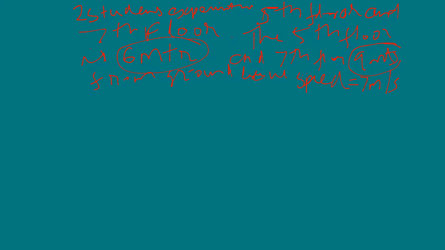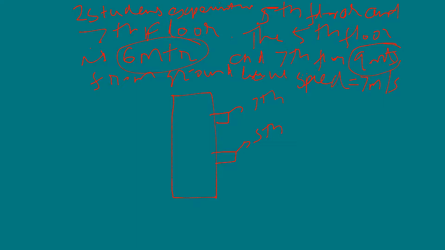Now we know this distance and speed, so we can solve this question. We will draw how it will look. This is the tower, the balcony of the 5th and 7th floor. This is the 5th floor and this is the 7th floor.